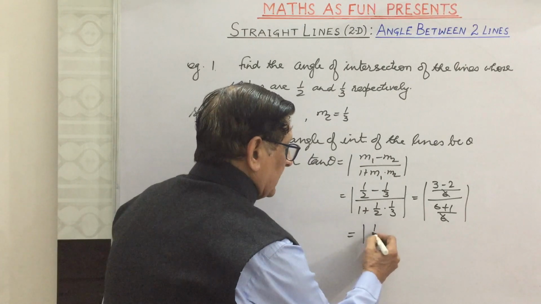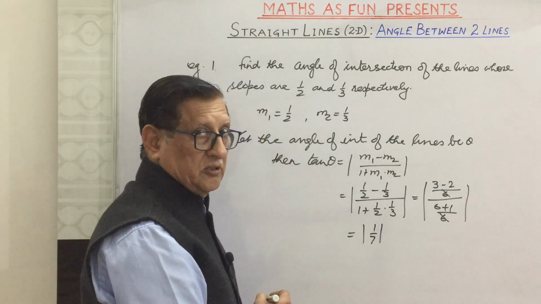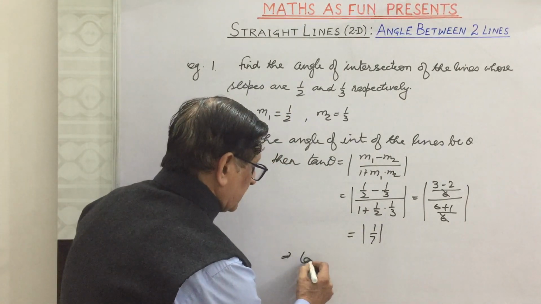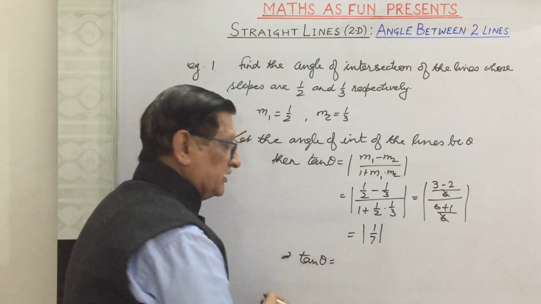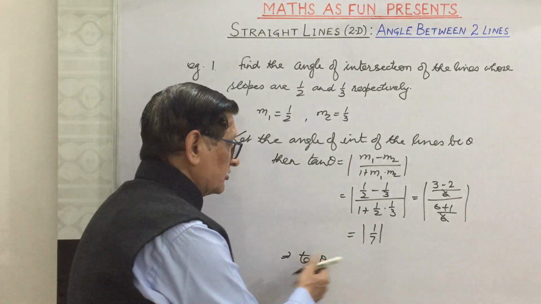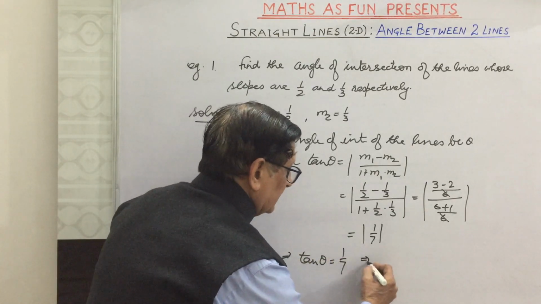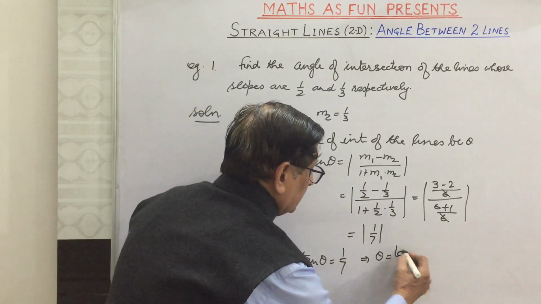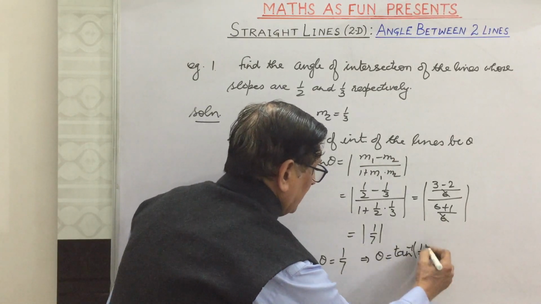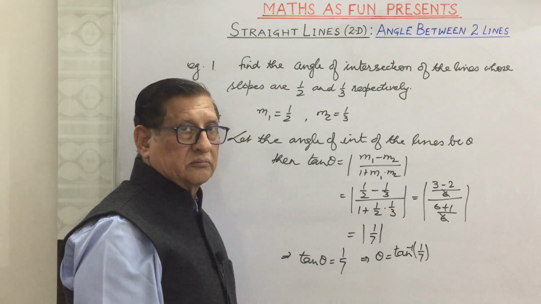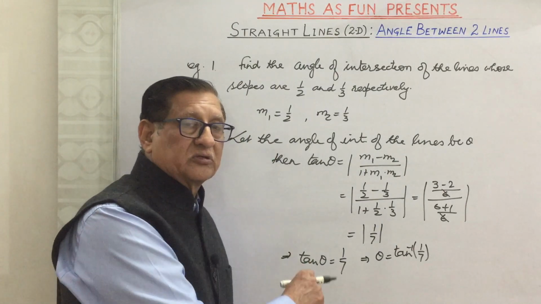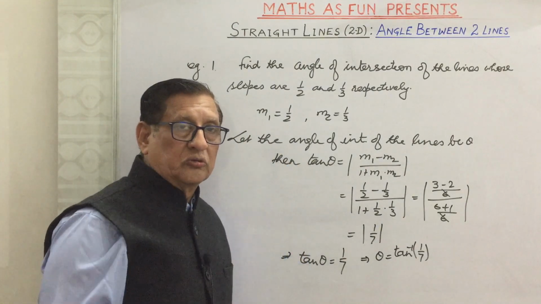This is 1 upon 7. So we can say that the acute angle theta gives us the value tan theta is equal to 1 by 7, or we can say theta is equal to tan inverse 1 by 7. This is the way we can find out the angle of intersection of two straight lines.